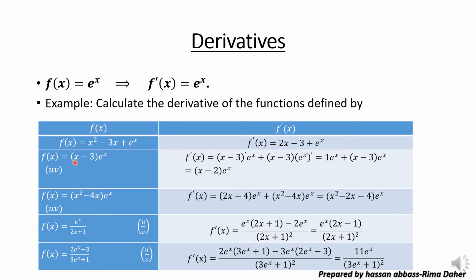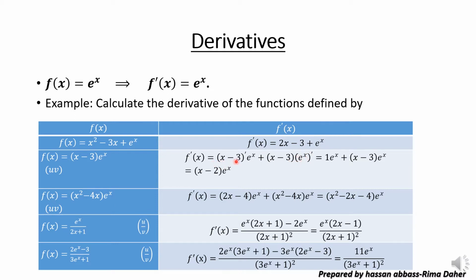If f of x equal x minus 3 into e^x, this function is in the form of u dot v, then f prime of x is in the form of u prime v plus u v prime, where u equal x minus 3 and v equal exponential x. Then f prime of x equal x minus 3 prime into e^x plus x minus 3 into e^x prime.